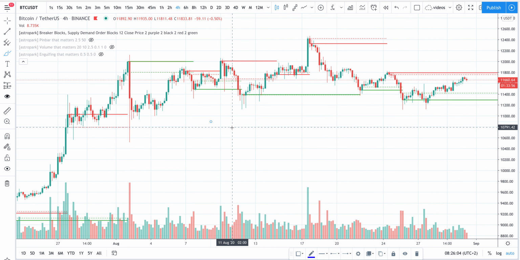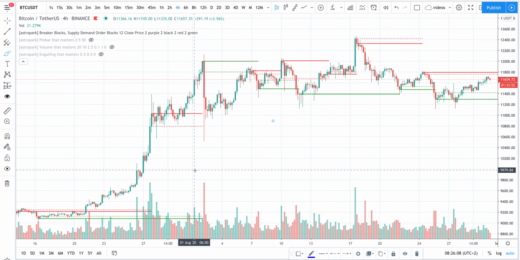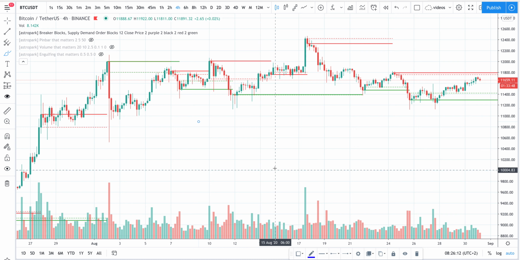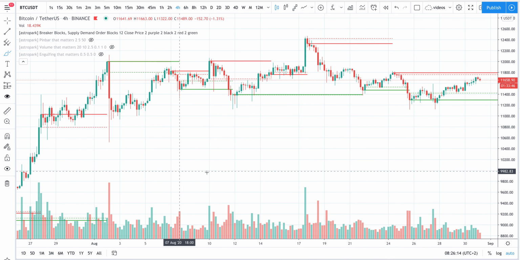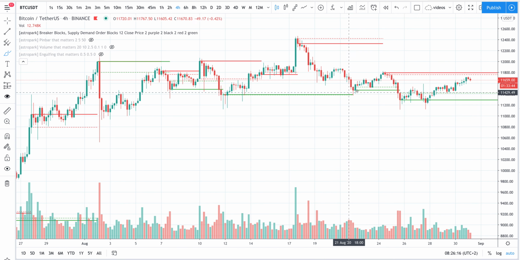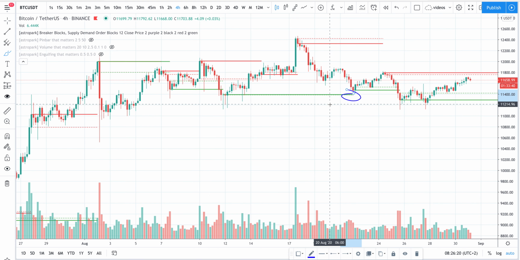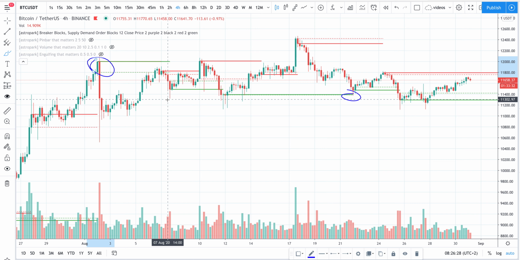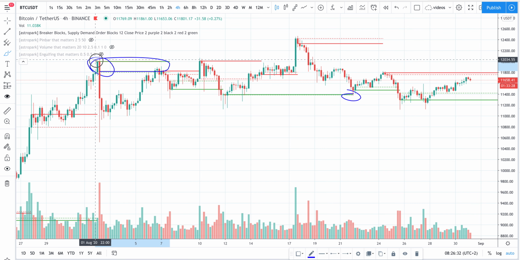So let's see. For example, this was perfectly respected. Here this demand zone was printed, I guess, on the wrong side.